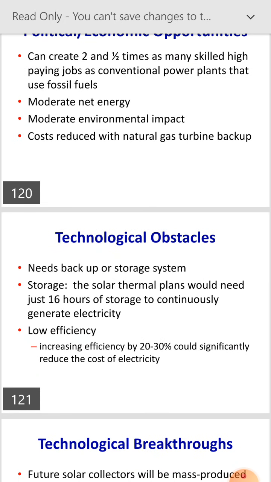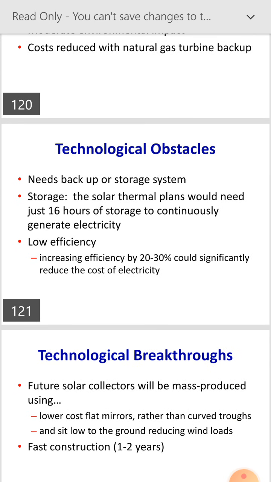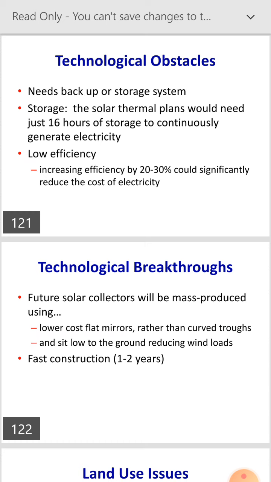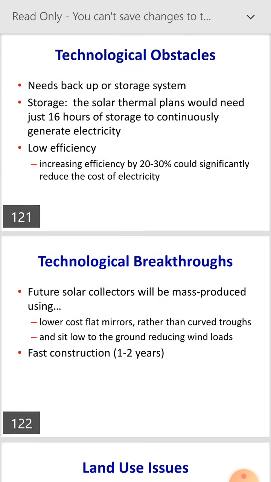Technological obstacles: need backup or storage system. Storage: the solar thermal plant would need just 16 hours of storage to continuously generate electricity. Low efficiency: increasing efficiency by 20 to 30% could significantly reduce the cost of electricity. Technological breakthrough: future solar collectors will be mass produced using lower cost flat mirrors rather than curved troughs, and sit low to the ground, reducing wind load.